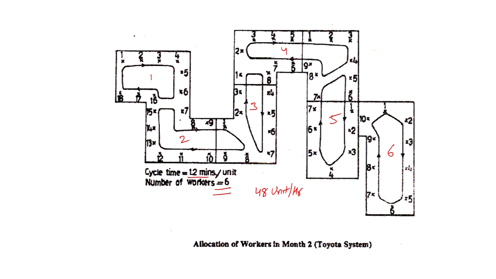Same assembly task, same elements which I am doing with 8 workers, by redistribution of my assembly work, now I am performing the same task with 6 workers. But this is possible only because earlier these elements were done by worker number 2. Now, worker number 1 is doing it. That means, my worker number 1 should have the skills to perform these elements. Similarly, there is a redistribution of elements to workstation 2 also. So, I need the workers to be multi-skilled, then only this kind of approach is possible.